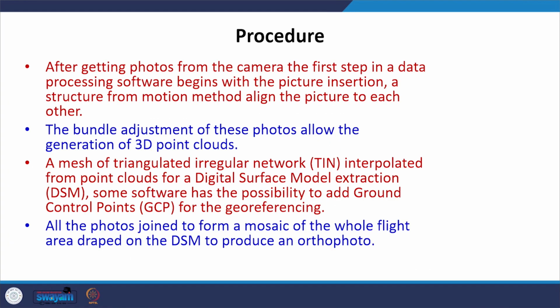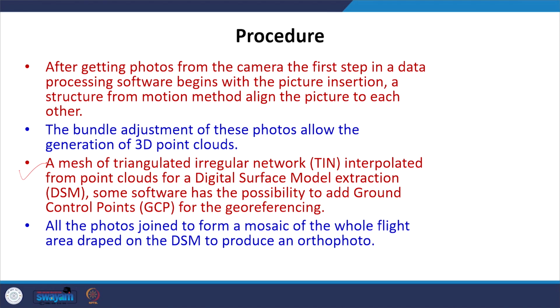Now, the procedure which we follow after acquiring the photographs from the camera: the first step in the data processing software begins with the picture insertion, that means input of the pictures. A structure from motion method, SfM, will align these pictures to each other, so that now you can create the mosaic of the area. They are all aligned with respect to the same reference system.